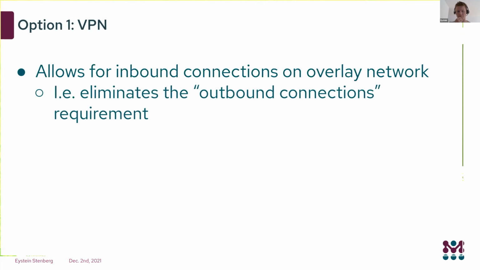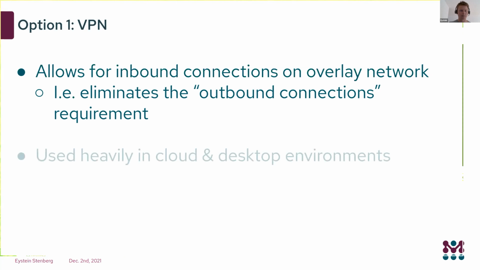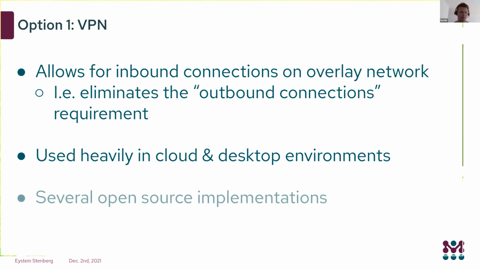So from that point of view, it removes this outbound connection requirement. And it's very well-known technology, especially in cloud and desktop. You see it everywhere in enterprises in particular, to segregate networks and give access to internal systems. And there are several open source implementations as well.